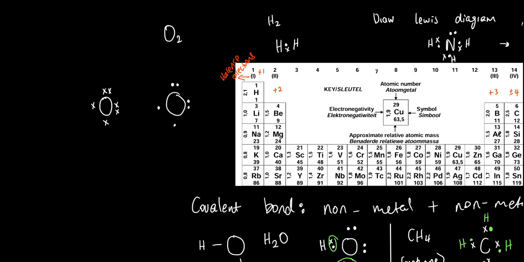Exactly. So this one here, right? What will happen is that they're gonna come closer together, and then similarly, these ones are also gonna come closer together like this. And once they've come closer together, the whole molecule, we can now shift it like this, right? And then it's gonna join the other one there like this.